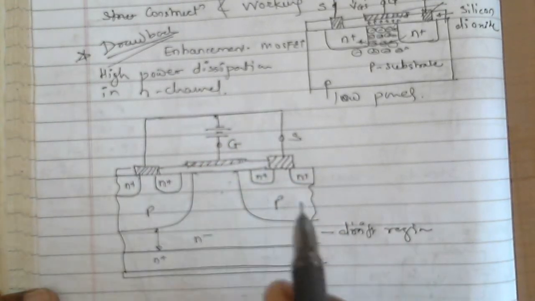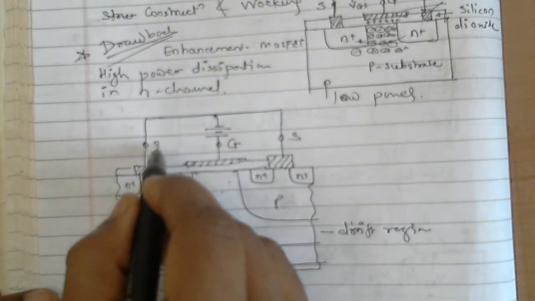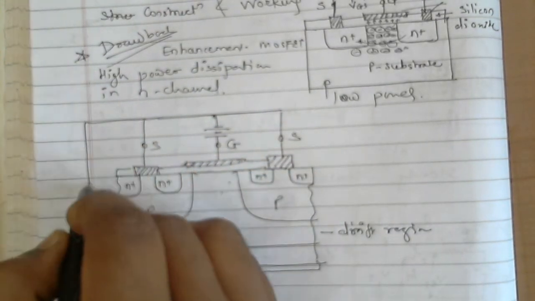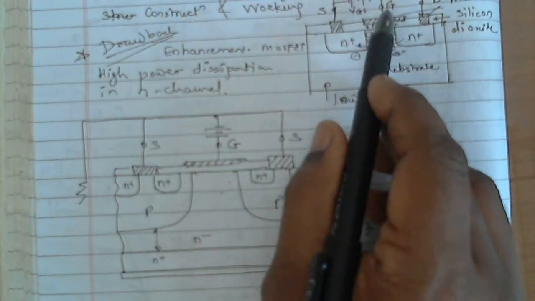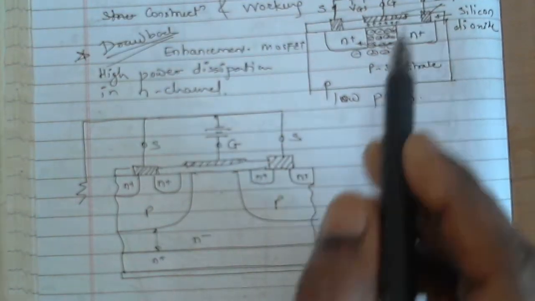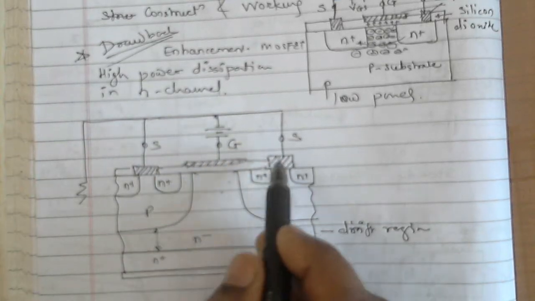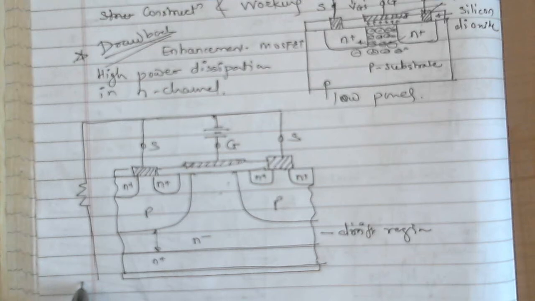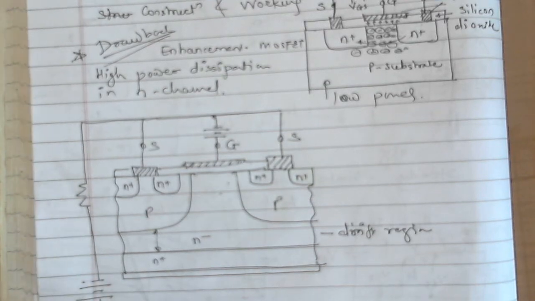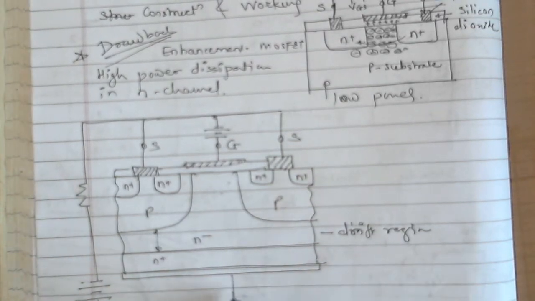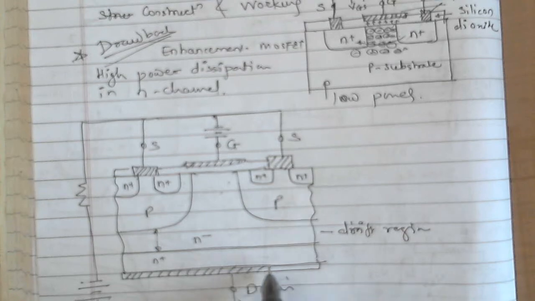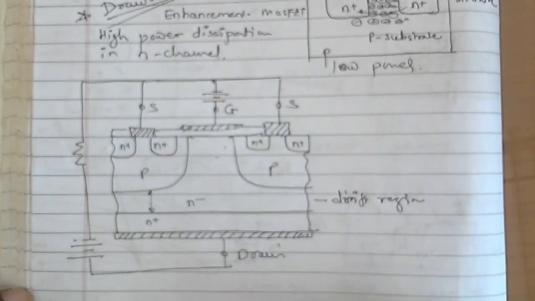Now don't get confused by considering the structure. This is the source, this is the common thing. Now where is the drain? In the previous diagram I showed you drain, source and gate here only, but this is not the case. This is nothing but the source, and this is a load, then this is the drain.